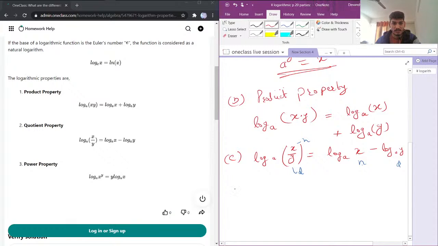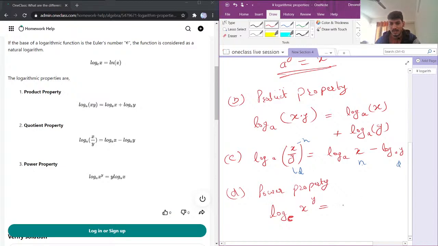Then we have another property, which is the power property. Suppose I have a log, this time I'll use the natural log with base e, of a number x which is raised to the power y.